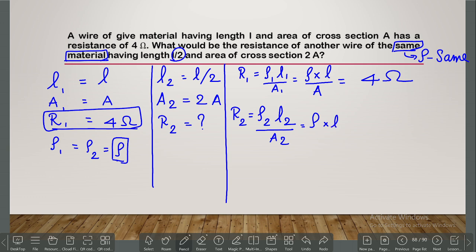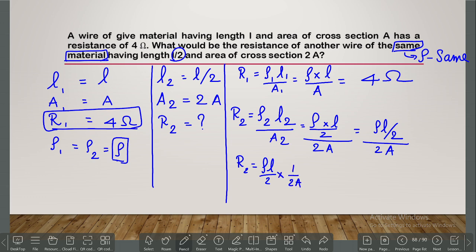What is the value of L2? L by 2, the whole divided by 2A. So you can write this as rho L by 2, the whole divided by 2A. If you rearrange this, you can write R2 is equal to rho L by 2 into 1 by 2A, which is equal to rho L by 4A.